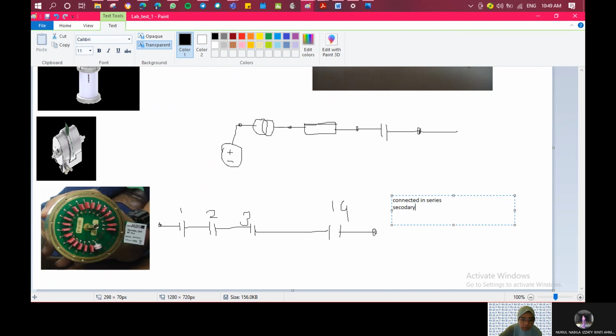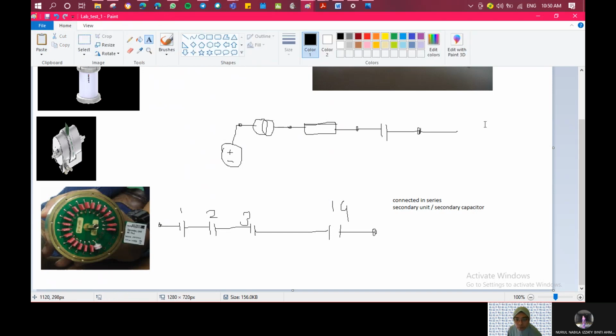The secondary unit, or secondary capacitor. Okay. So this one is connected in here.